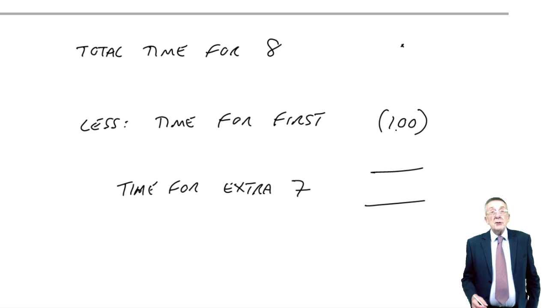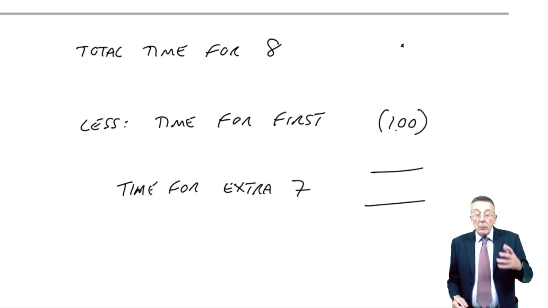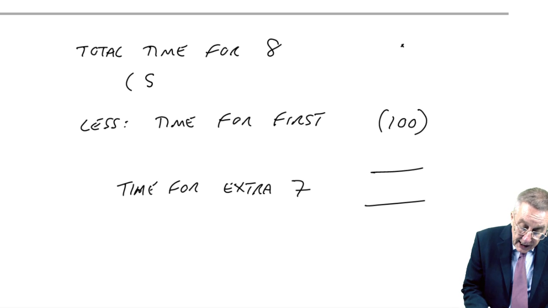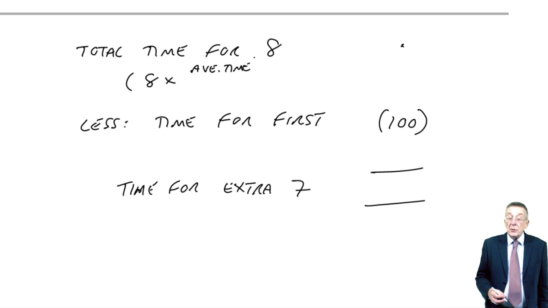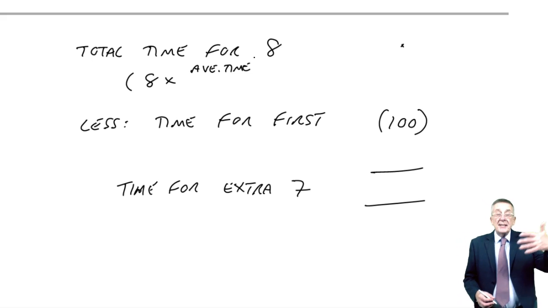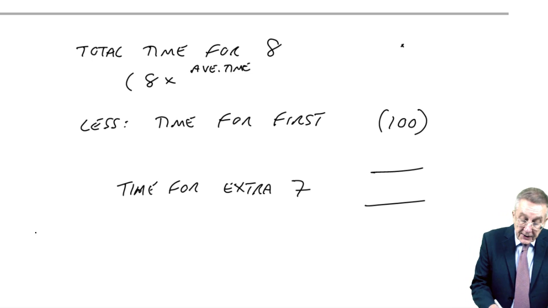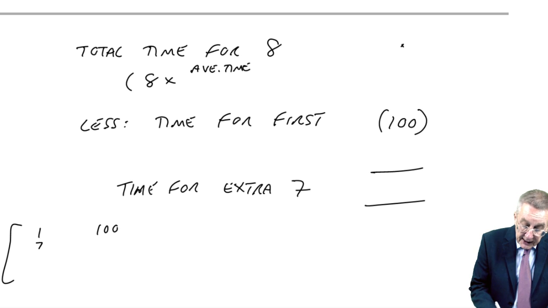How am I going to get the total time to make 8? Well, it'll be 8 times the average time per unit. And how can I work out the average time per unit? Well, I wouldn't waste time setting up everything I did before. I'd simply do quickly, 1 unit was 100. Double is 2 units. 75%, 75.